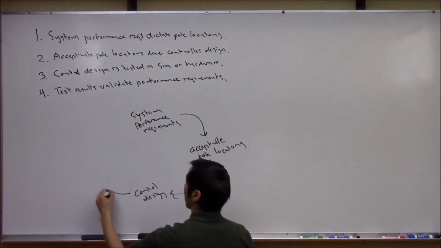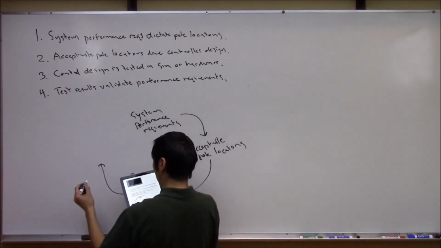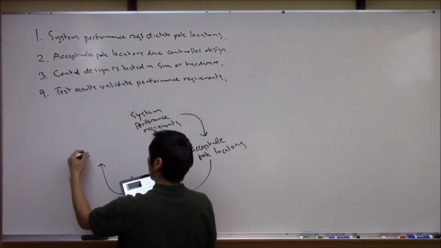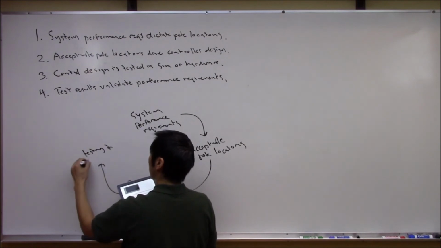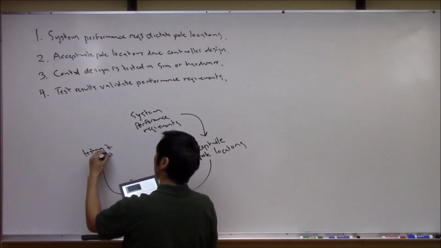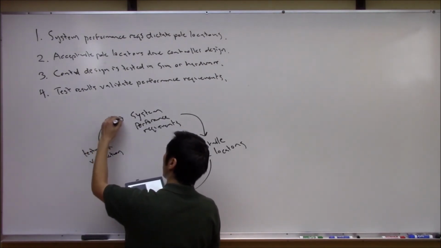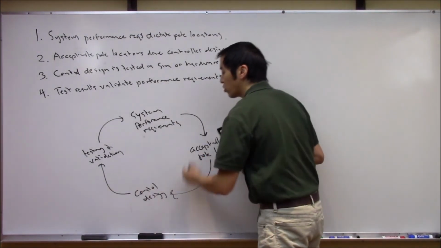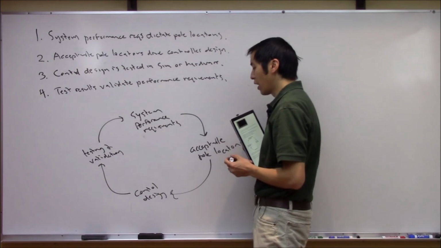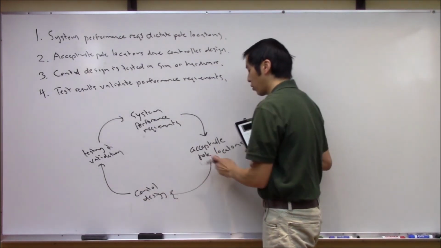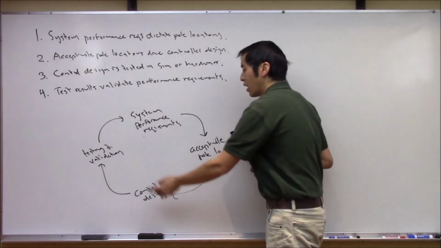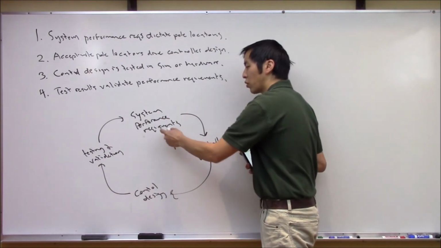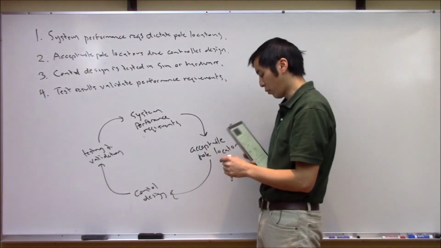And this control design can then be tested here. So we can do testing and validation, which will show whether you satisfy these system performance requirements or not. And if you don't, you just go around and around in this circle and iterate on your control design or your acceptable pole locations until you get a system which does in fact satisfy these performance requirements.